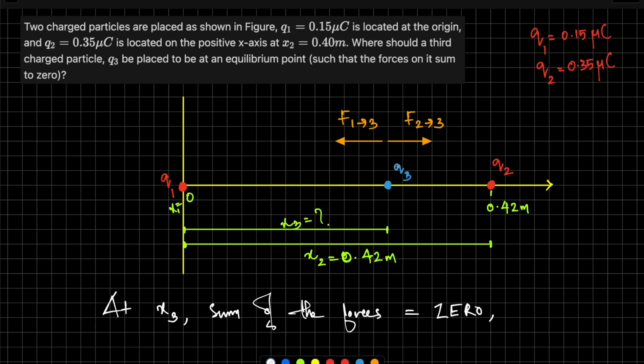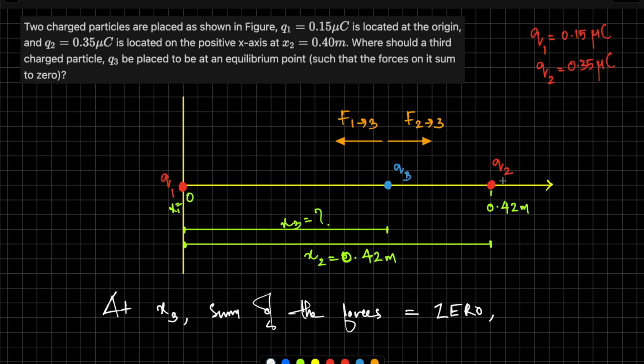So the total force on Q3 will be equal to force from charge number 1 on charge number 3, F1 to 3, and the force from charge number 2 on charge number 3. Q1 being positively charged will try to pull Q3 towards its side. That's why F1 to 3 is towards left.